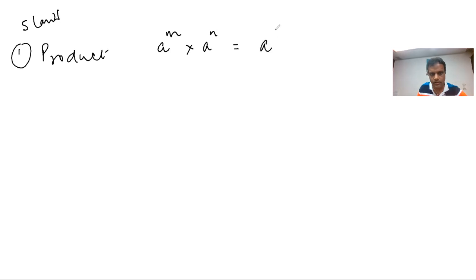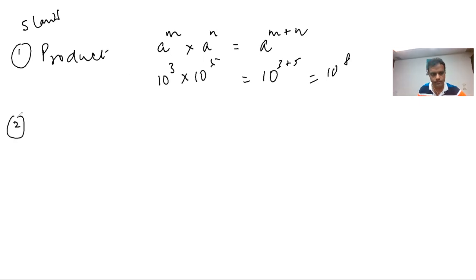The exponents get added up, m plus n. Just to give you an example, let's take 10 to the power 3 into 10 to the power 5. The answer will be 10 to the power 3 plus 5, which is 10 to the power 8. So this is the law of product.